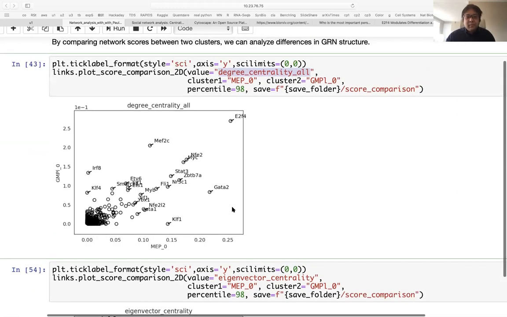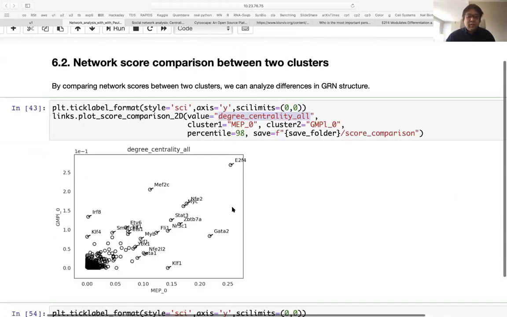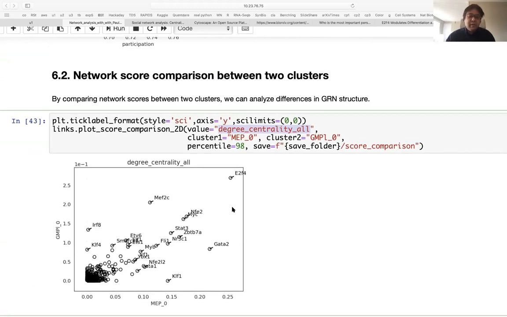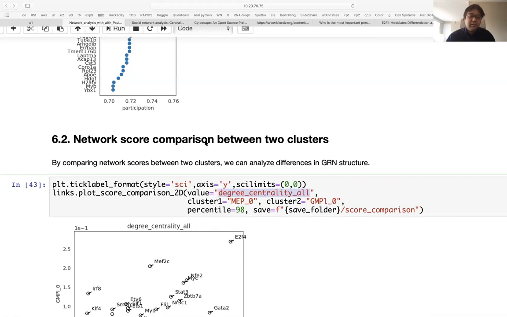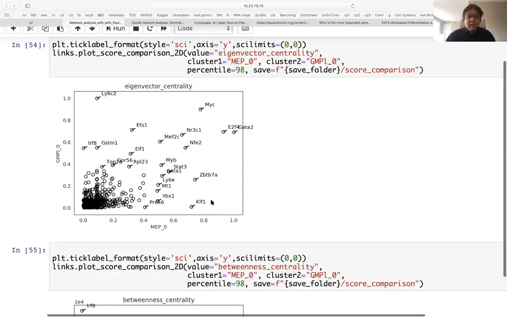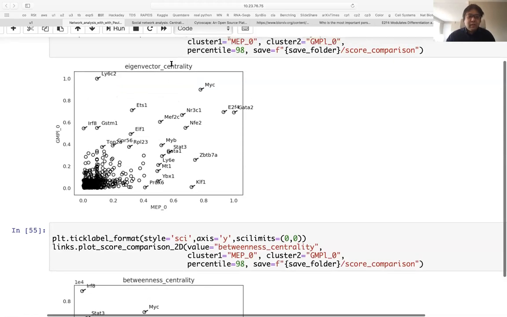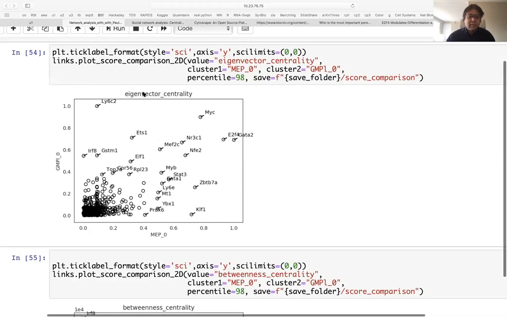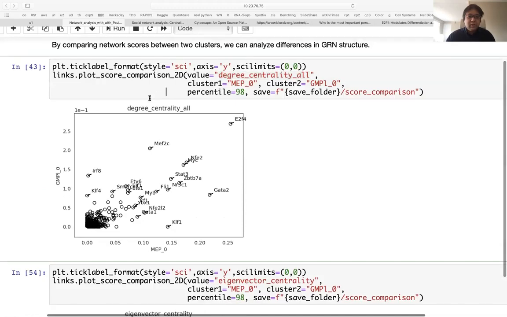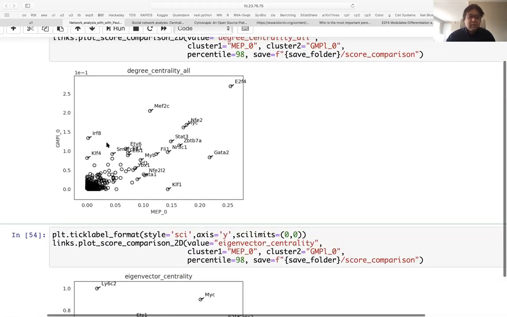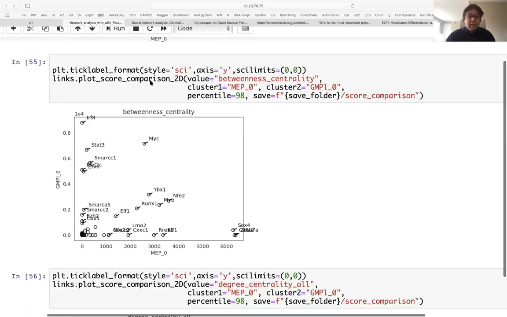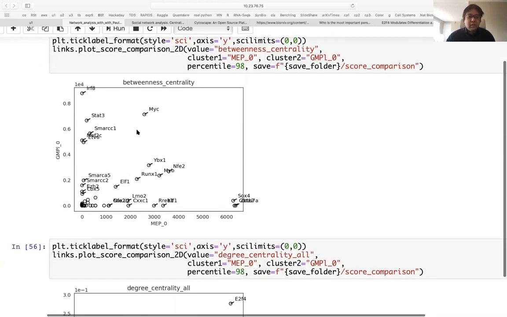If you look at really different clusters, maybe you will see a really huge difference on the scale. But in many cases you will get a similar scale pattern because these scores, for example eigenvector centrality or degree centrality, are already normalized. So hopefully many scores exist between 0 and 1. So maybe it's fine. But the betweenness centrality score is sometimes not similar.